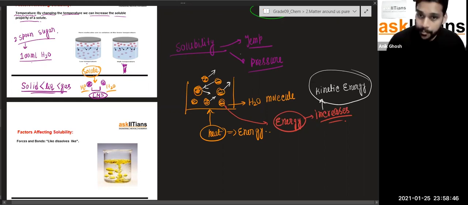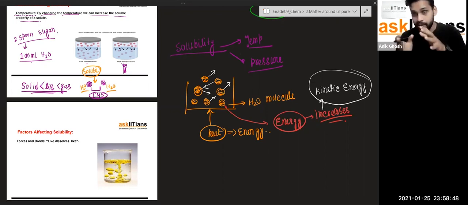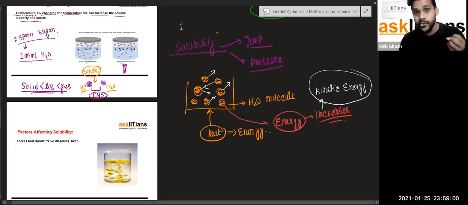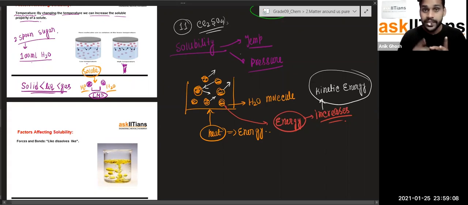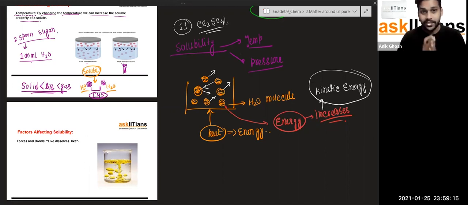But let me tell you, it happens for some solvents, but this is not the case for each and every solvent. If you keep on reading, in class 11 you'd be learning that there are some substances like cerium sulfate, Ce2(SO4)3. For these types of things, if you keep on heating, solubility decreases.